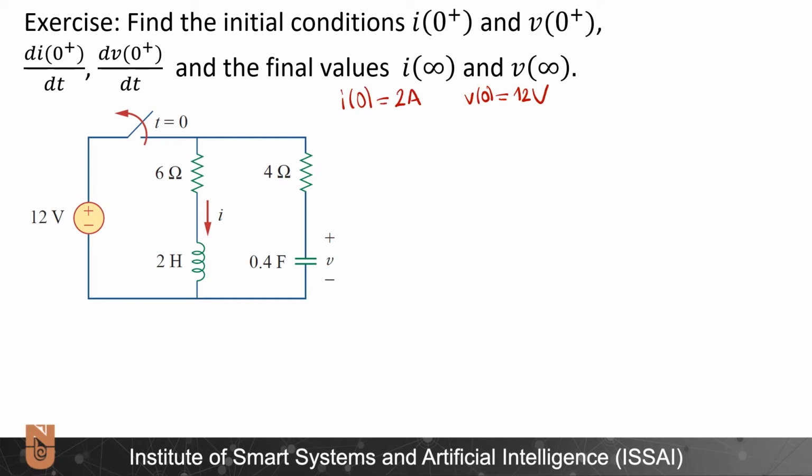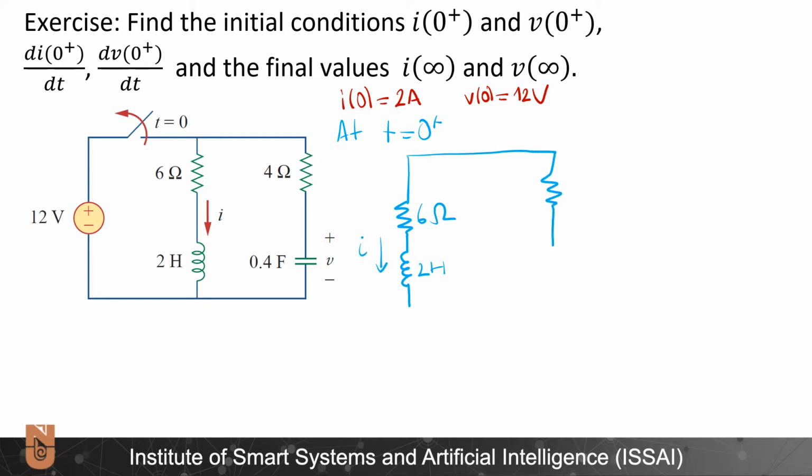As the second step, I want to find the derivatives of I and V just at the time when the switch opens at t equals 0 plus. I will draw my equivalent circuit. 6 ohms, 2 henries, current I passing through this element.